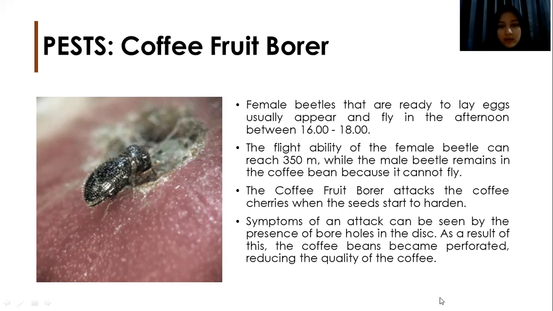The coffee fruit borer attacks the coffee fruit when the seeds start to harden. Symptoms of an attack can be seen by the presence of bore holes in the disc. As a result, the coffee beans become perforated, reducing the quality of the coffee.